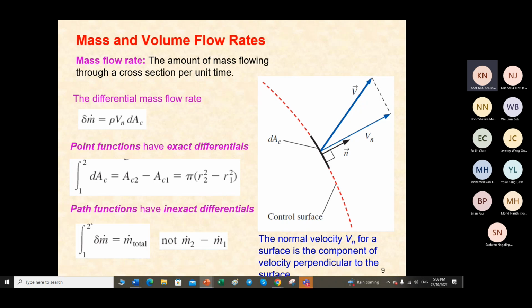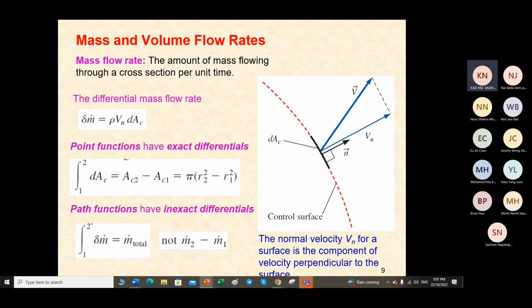So mass flow rate can be represented by rho Vn dAc, and that is the differential amount. If you consider the total, then it can be integrated. Then we can find Ac2 minus Ac1, which can be represented by R2 squared minus R1 squared. Similarly, the path functions have inexact differentials.